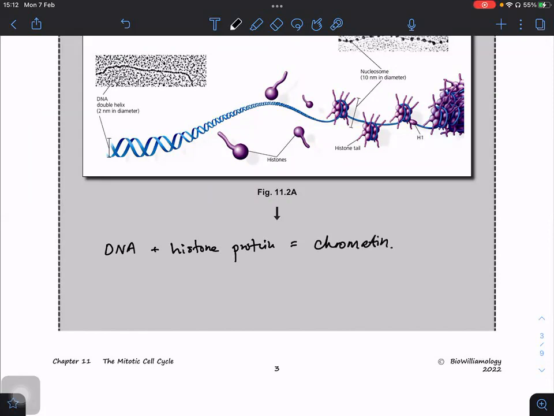Are you clear? And this chromatin condenses to form the chromosome. Are you clear? The chromatin condenses to form chromosome.